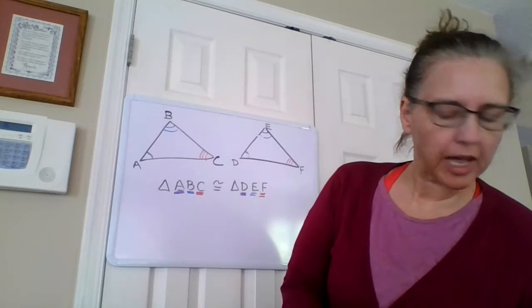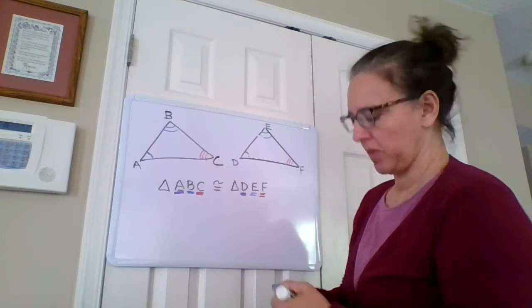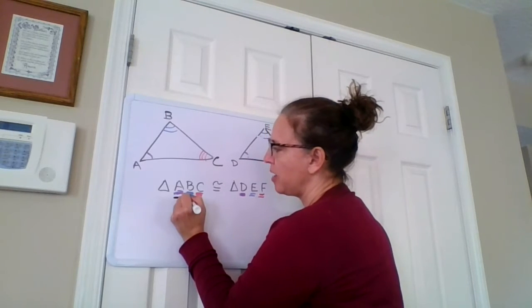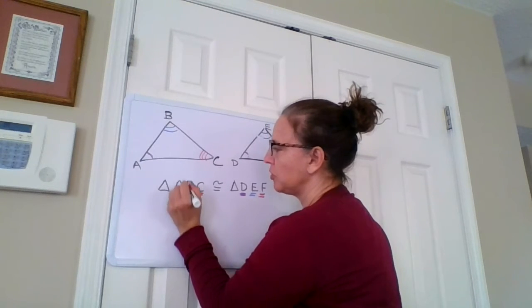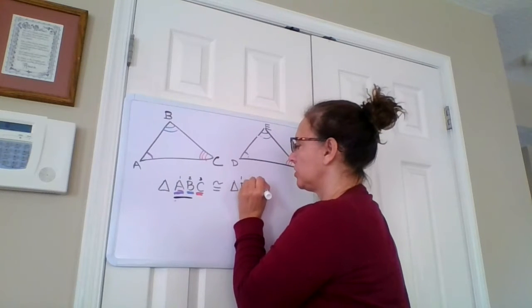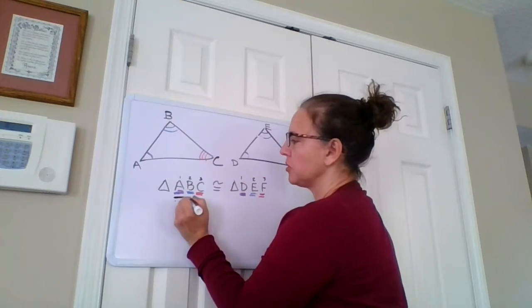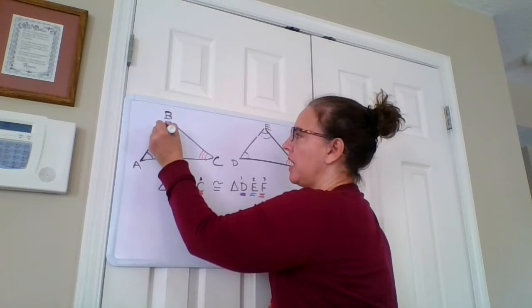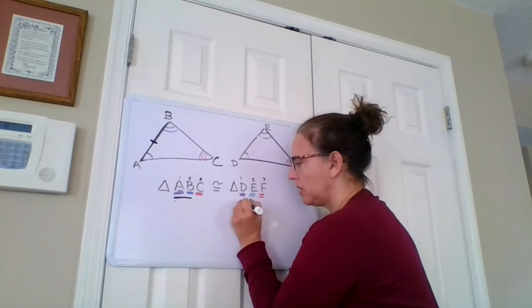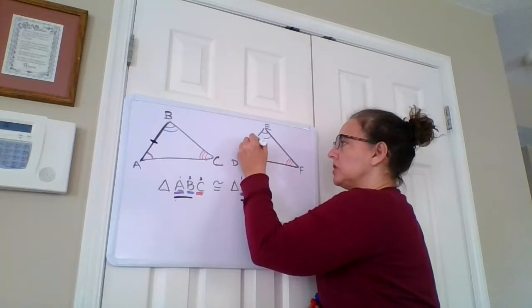Similarly, we show sides are congruent in the same way. Side AB, the first two letters, 1, 2, 3. If I put them in order, 1, 2, 3. The first two letters, side AB, is congruent to the first two letters here.